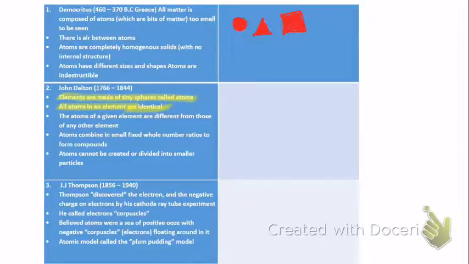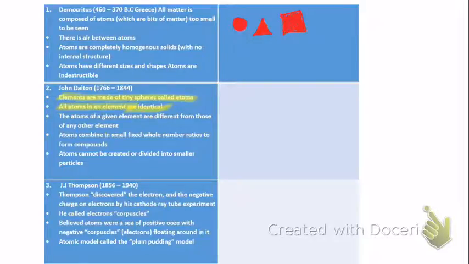So at the time, there were these objects that were being called elements, such as carbon, nitrogen, oxygen, fluorine, chlorine, those kinds of things, and these elements were what matter was made up of. But what these elements really were were atoms, okay? And that's how he was looking at them. So all atoms were identical for a particular element. So you had carbon atoms that made up the element carbon, all right?